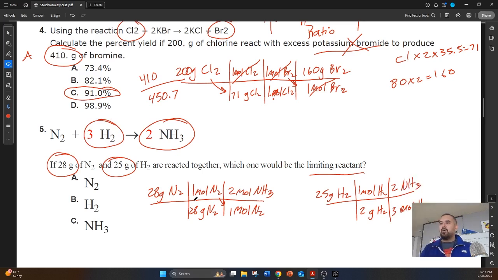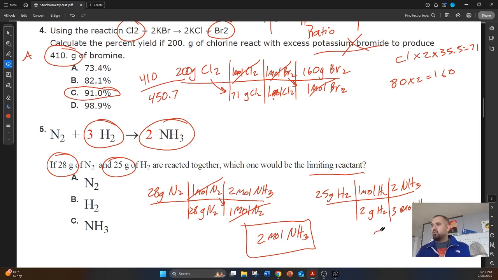Now we can go ahead and solve both of these problems. Let's cross out the ones. So 28 divided by 28, that's 1, times 2 is 2. So 2 moles of NH3. If we had 28 grams of nitrogen, we'll only be able to produce 2 moles of NH3. Now in this other one, we got 25 divided by 2 times 2 divided by 3.